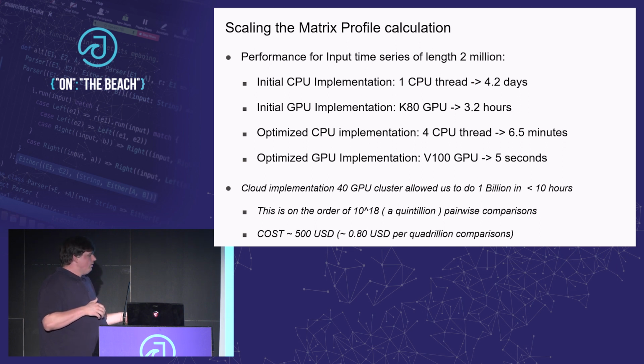If you wanted to store this distance matrix, you don't try, right? If you have double precision values, this is 8 exabytes. So you probably don't want to do that. And so in the end, this got cut off, but it's about 80 cents per quadrillion comparisons.